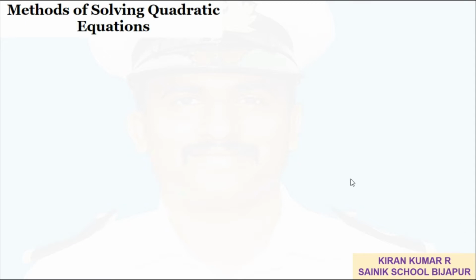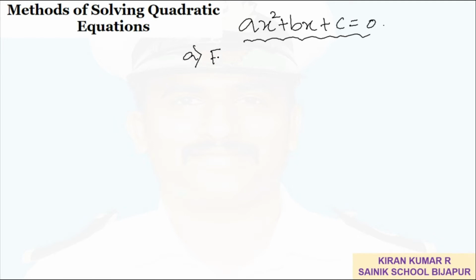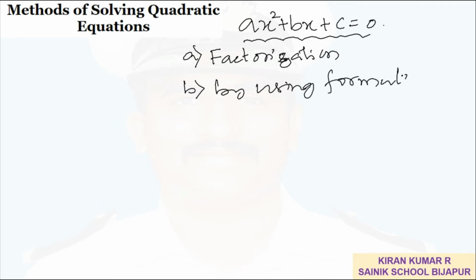The quadratic equation, if it is there in the form of say ax square plus bx plus c equal to 0, can be solved in any of the two methods, and the first method is the method of factorization, and the second method is by using formula.